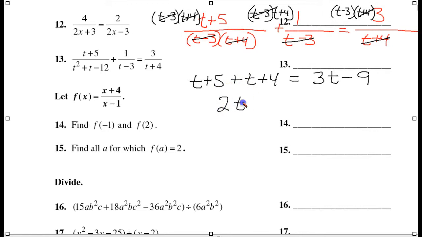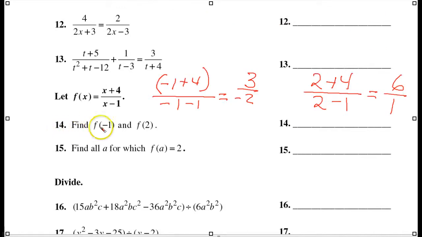I get 2t plus 9 equals 3t minus 9. I want to keep my t's positive, so this comes over as a negative 2t, and this comes over as a positive. So I get here 18, and it looks like for number 13, t equals 18. And there are the steps to get to it. Okay.